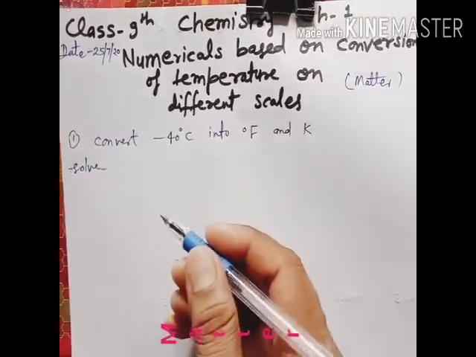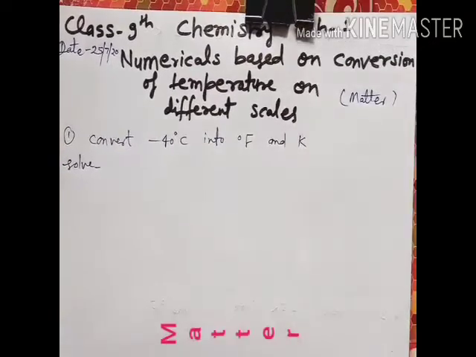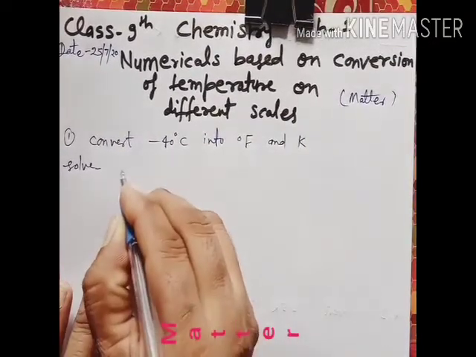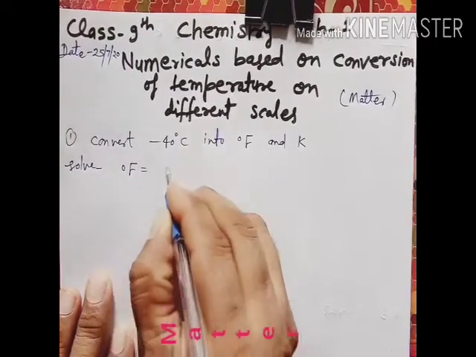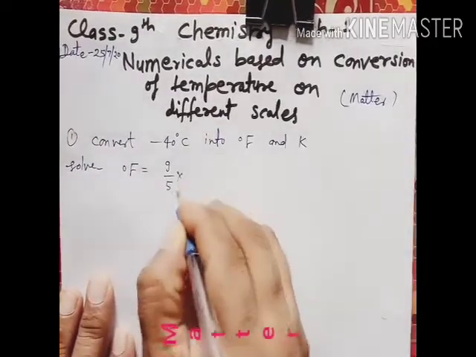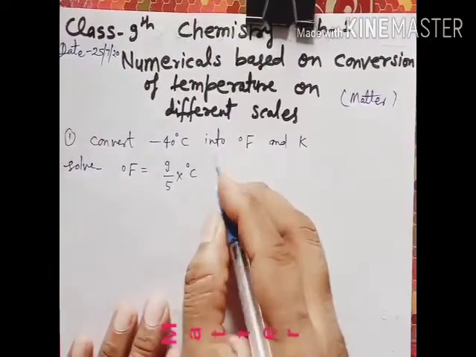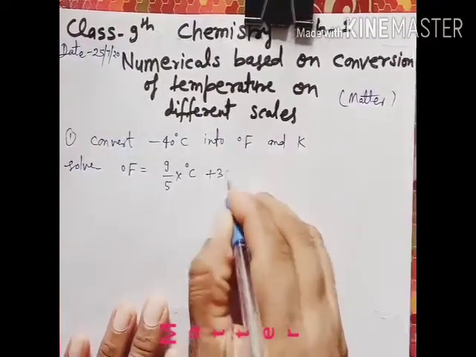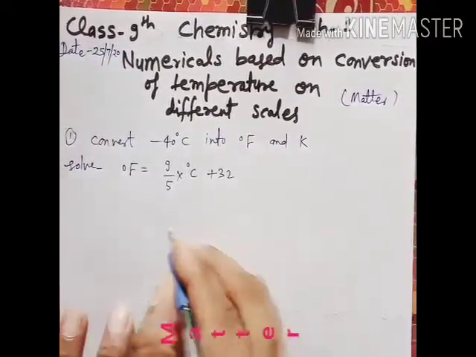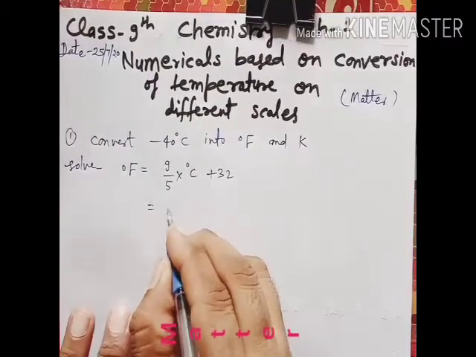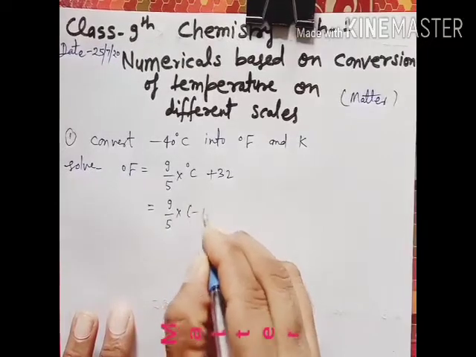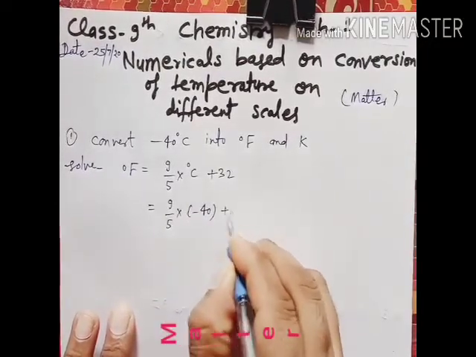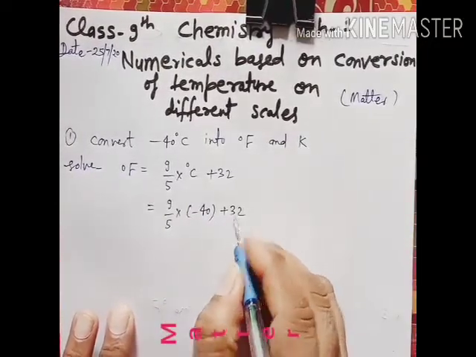As we know, degree F is equal to 9/5 into degree C plus 32. We have to put the value of degree C: 9/5 into minus 40 plus 32.